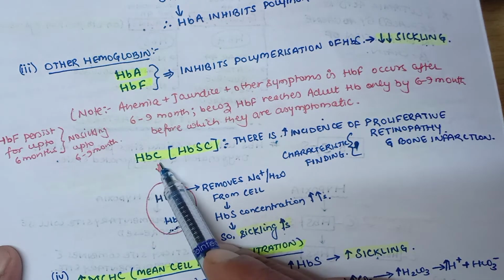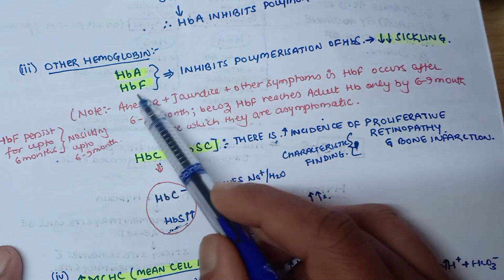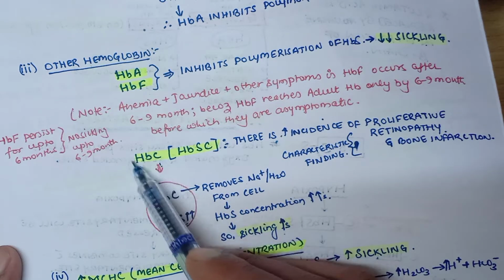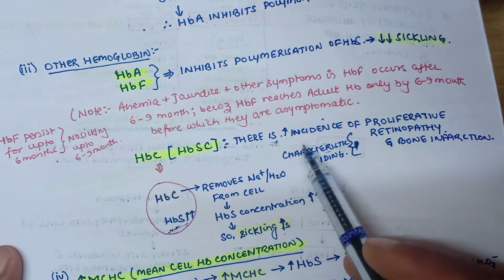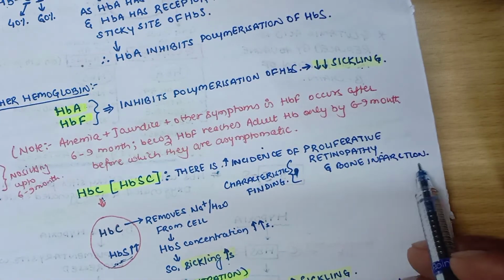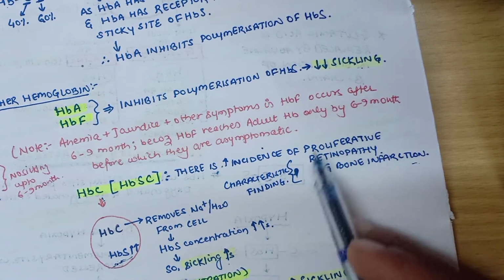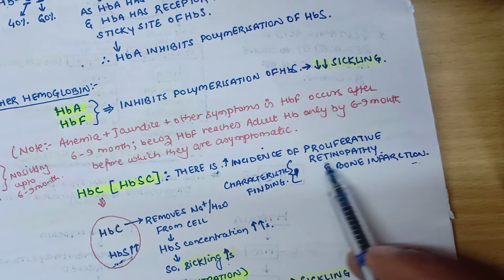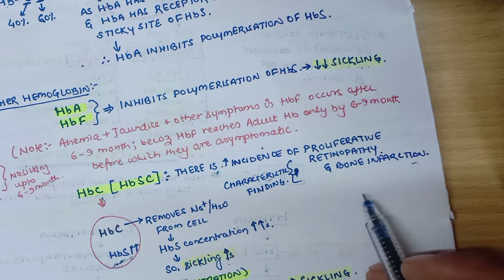So in HbC there will be increased sickling, whereas in HbA and HbF there will be no sickling. HbC is characterized by increased incidence of proliferative retinopathy and bone marrow infarction. So this is a characteristic feature of HbC, that is proliferative retinopathy and bone infarction.